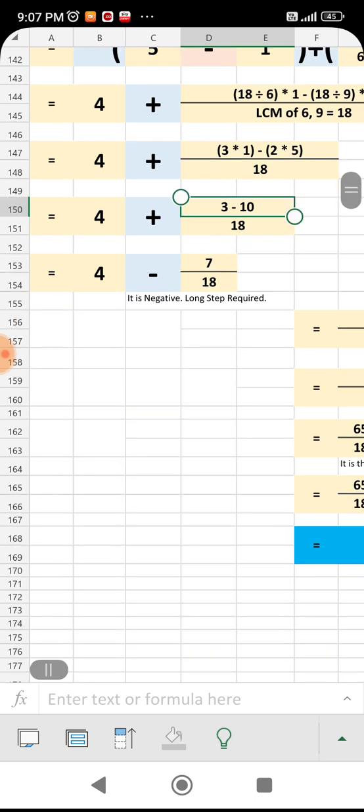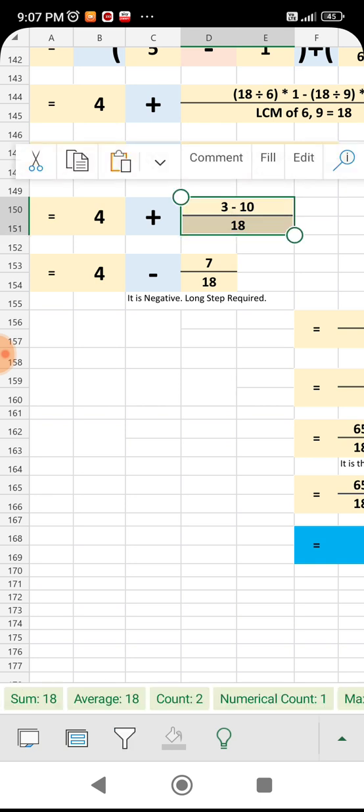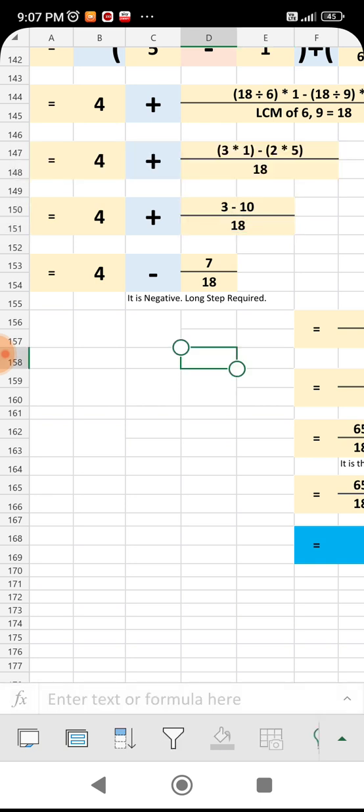Now I am coming to this point. This is a typical case, because 3 minus 10 is not possible in lower classes, but in the higher class it is possible.